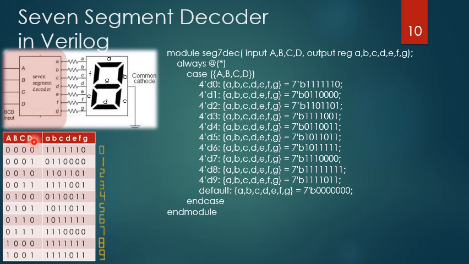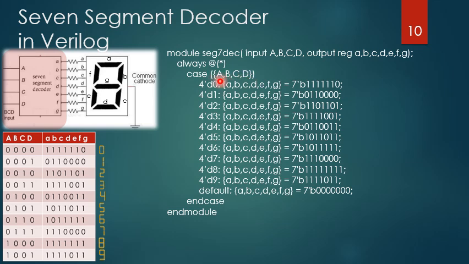In this case, the signal involved is ABCD. So I put ABCD here, but I have to use the concatenation operator, where you can see the curly braces. Inside I put ABCD separated by commas, because in the brackets you can only put one signal. But I have 4 signals, so I have to concatenate them into a group of signals.